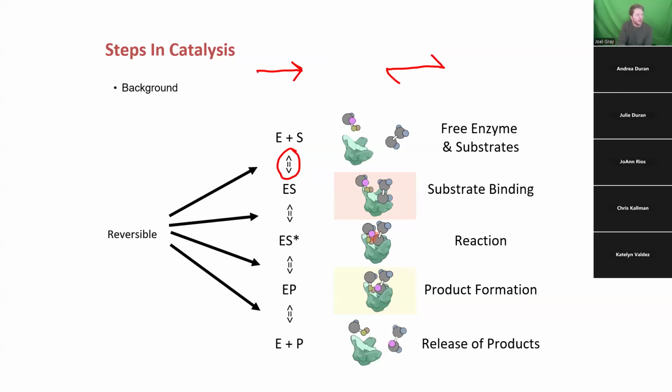When you see a single arrow and you think about a chemical reaction, we have our reactants and our products. Reactants go to products. When you see an arrow like this, or you might see it written like this, then you've got reactants and products. What do you think that means?